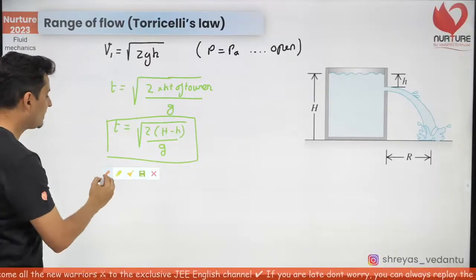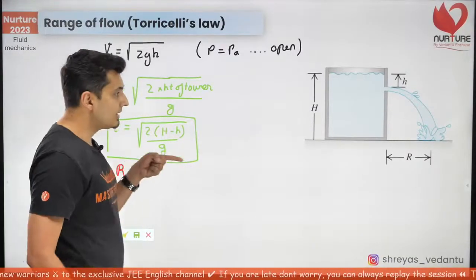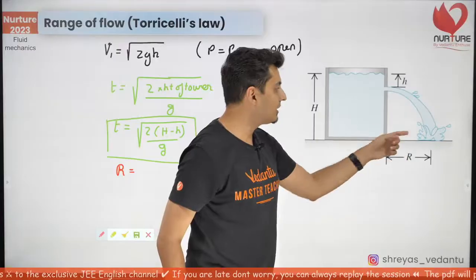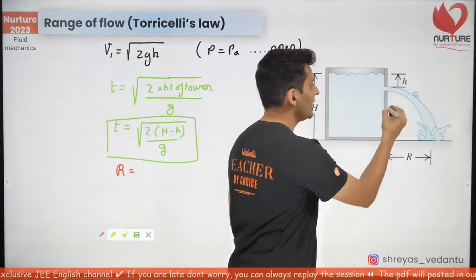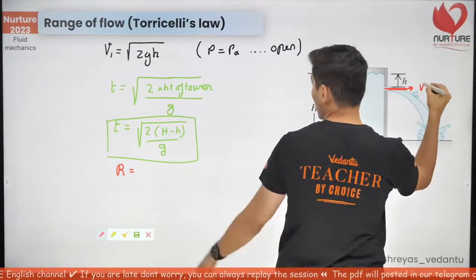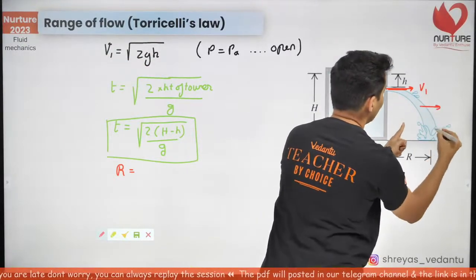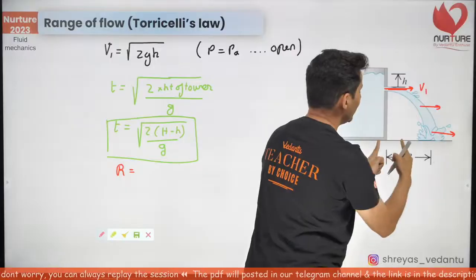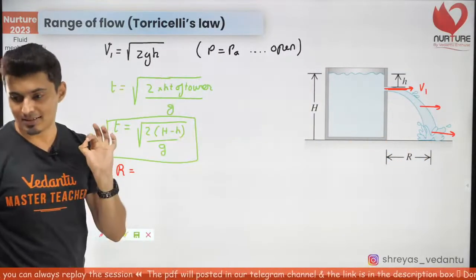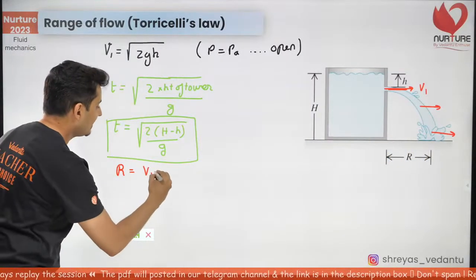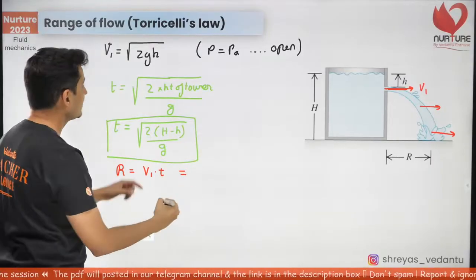Last thing, what will be the range? The range is horizontal, so it's the horizontal velocity. The horizontal velocity is always this V, or V1. V is always the same, remember it never changes. So V into the time for which it flies. Hence it will be V1 into T. So let's see what happens.